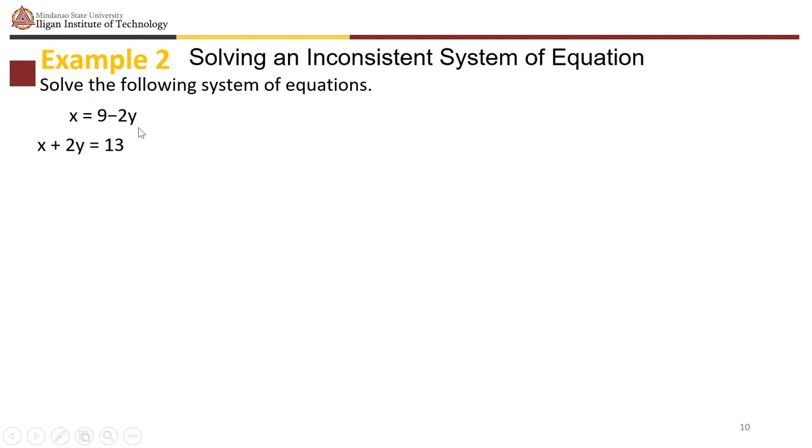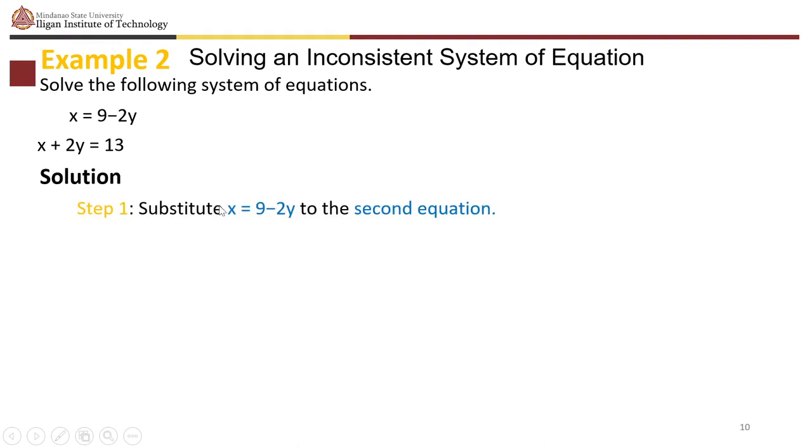We're going to find out later on that there is no solution. If you take a look at this, substitute x equals 9 minus 2y into the second equation.